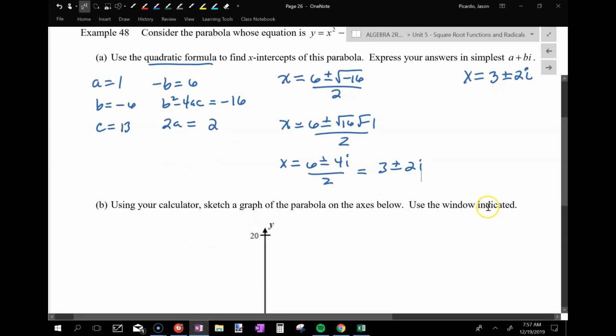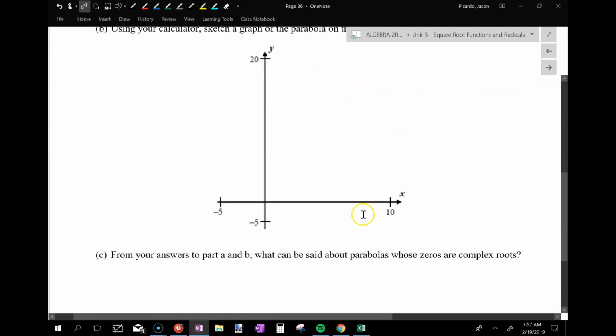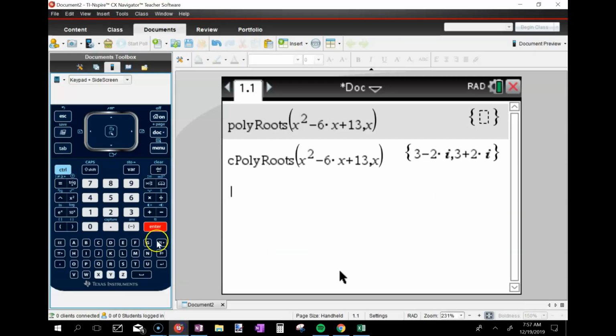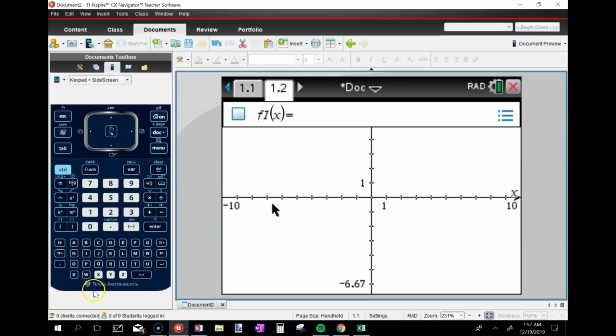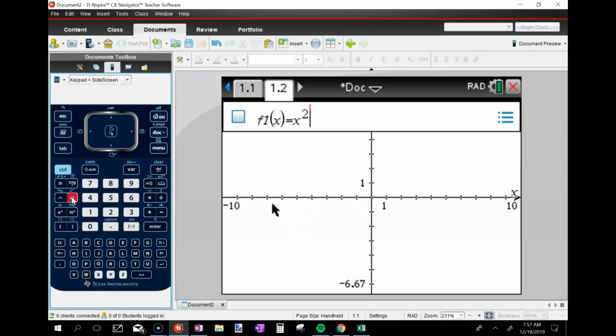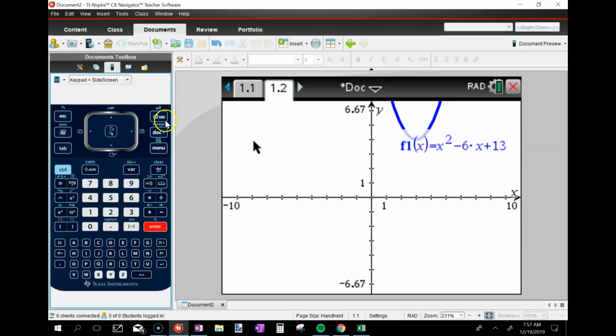Use your calculator to sketch a graph. Use the window indicated. So guys, it gives you the window, negative 5 to 10, negative 5 to 20. What was it? X squared minus 6x plus 13. How do I change the window, by the way? Where do I go?